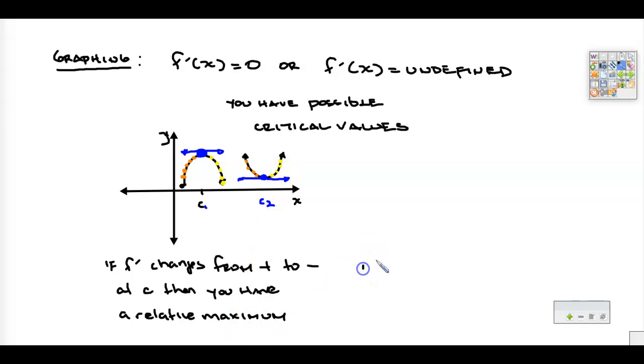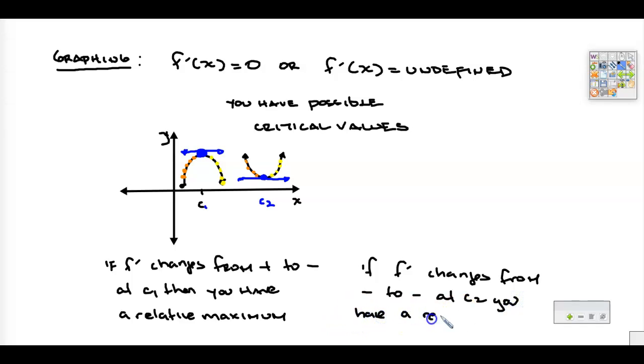So now what this is saying is that if f prime, in this case, changes from negative to positive at C2, we'll call this C1, then you have a relative minimum.